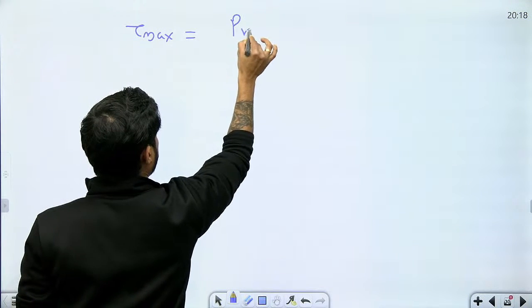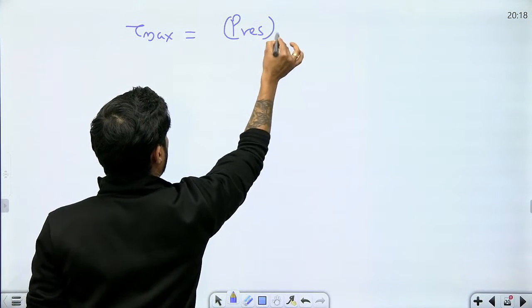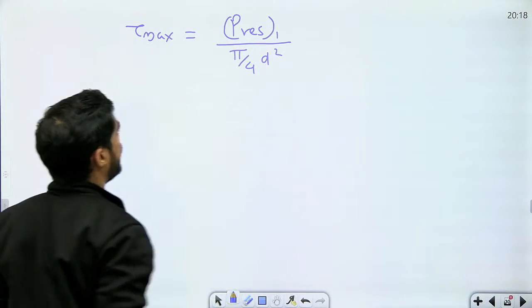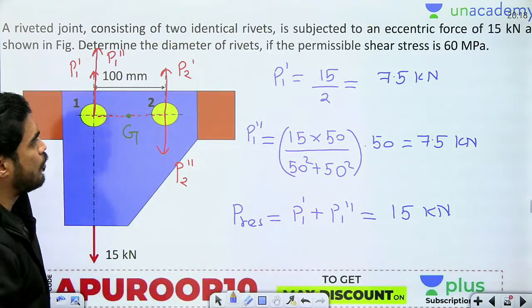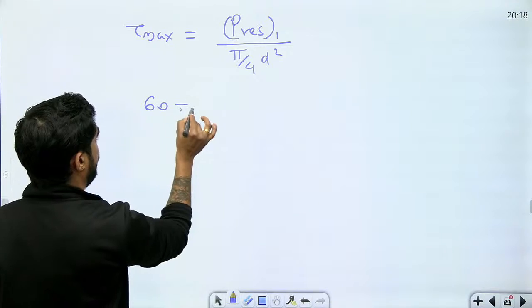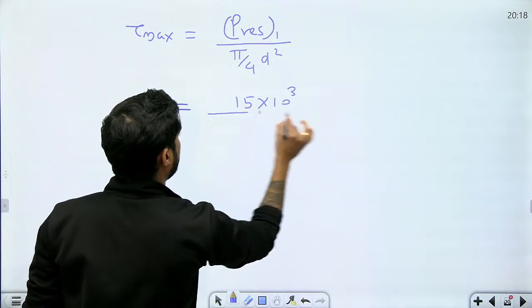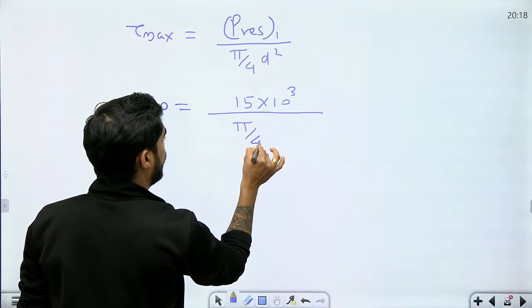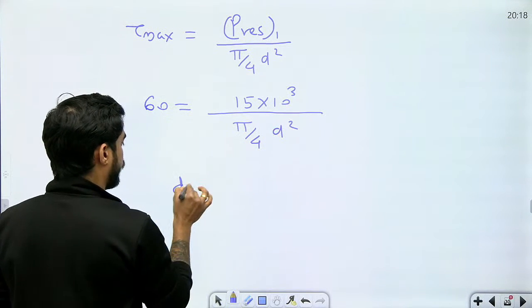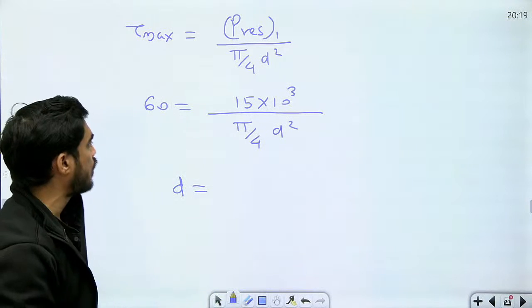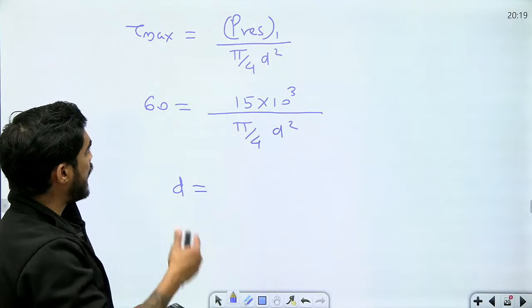Now tau maximum will be P resultant of rivet number 1 divided by area of rivet. Okay, so tau maximum is given 60 megapascal. P resultant is 15 kilonewton divided by pi by 4 d square. So from here you will get the minimum required diameter of the rivets. तो क्या आएगा मेरे भाई?